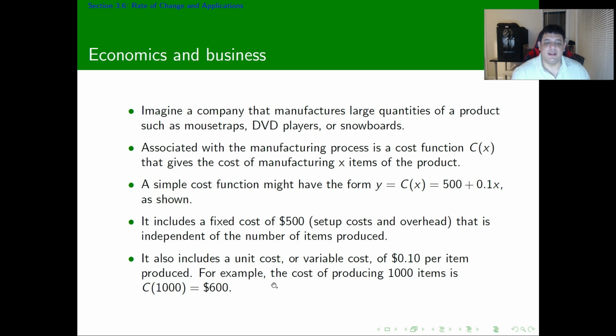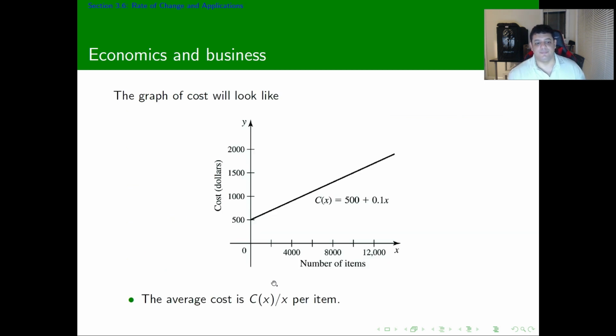Okay. Now, if we have that function, we can also calculate how the average per item is going to look. So we take this cost, and we divide by x.